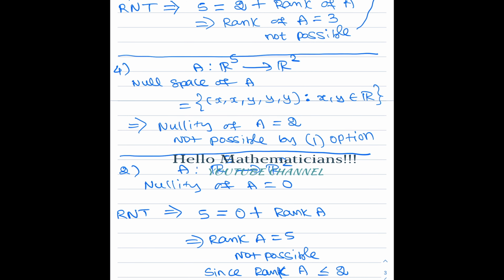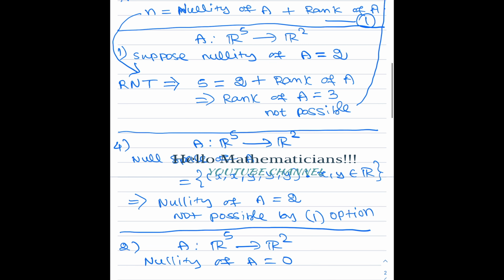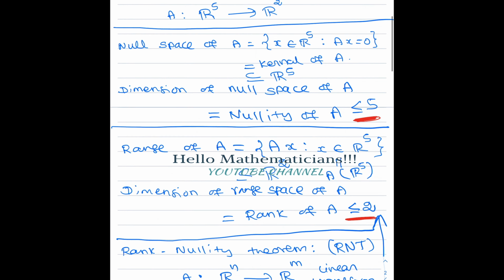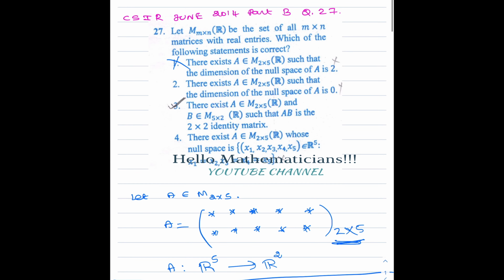But what is the dimension of this space? You see, x is one independent variable and y is one independent variable. Therefore, the dimension of this space is 2. Therefore, if this is the null space of A, we get nullity of A is again 2, but we just saw that the nullity of A cannot be 2. Therefore, again by option 1, this is not possible. Therefore, the fourth option is also wrong.